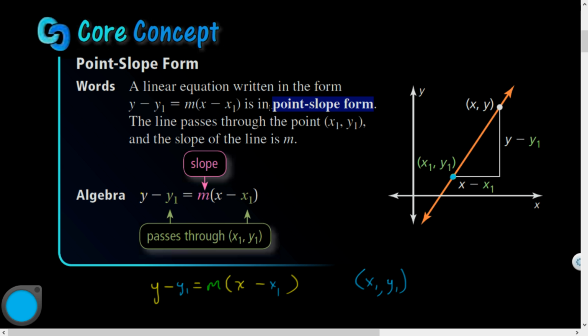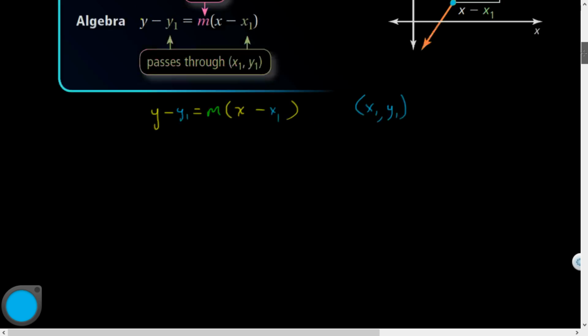And a point can be determined: it's the opposite of the number with the x and the opposite of the number with the y. Point slope form is going to be great, and so this is just going to be so helpful for us, friends.